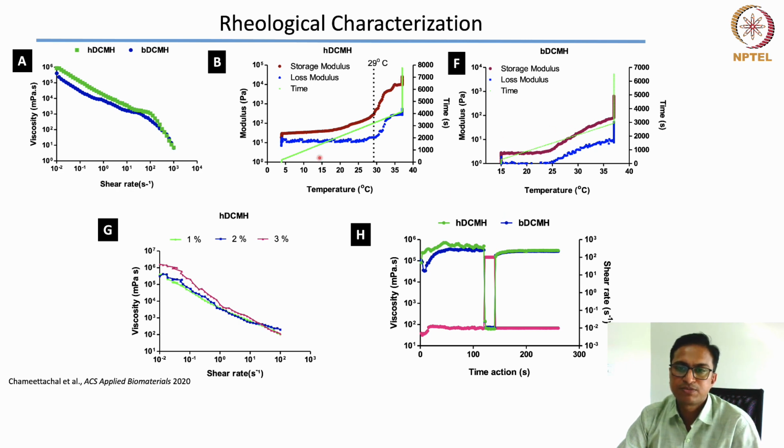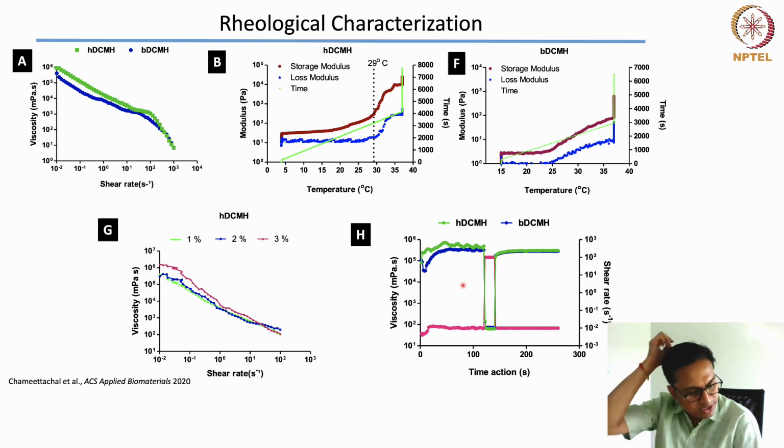The same thing happens for both human and bovine tissue matrix. There is also concentration dependent viscosity. For 1% DCM solution the viscosity is very low, but at 3% the viscosity is almost 10 times higher, which can be achieved by increasing the concentration of the cornea matrix hydrogel.